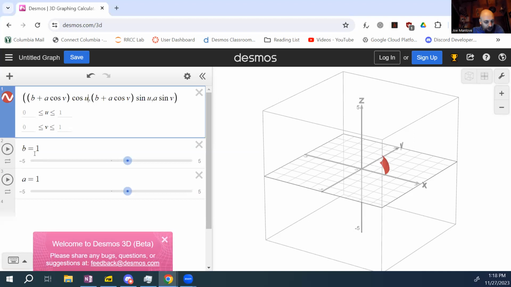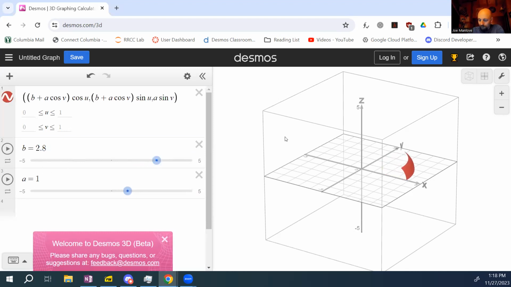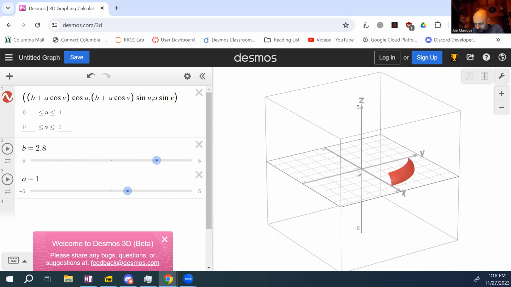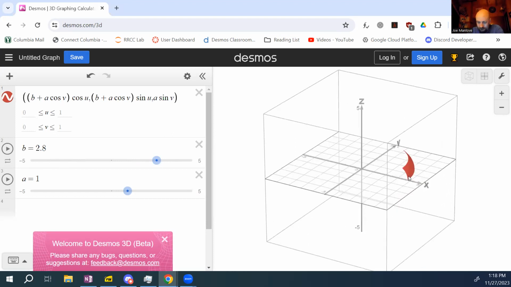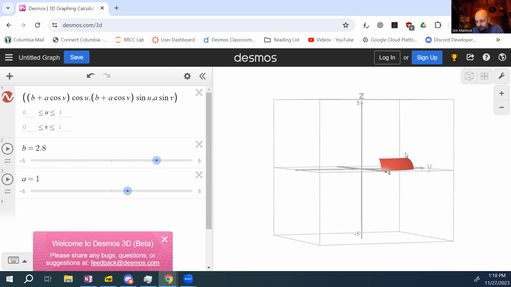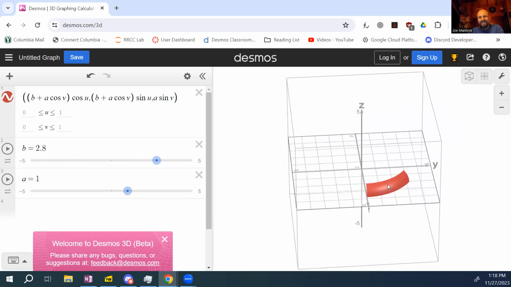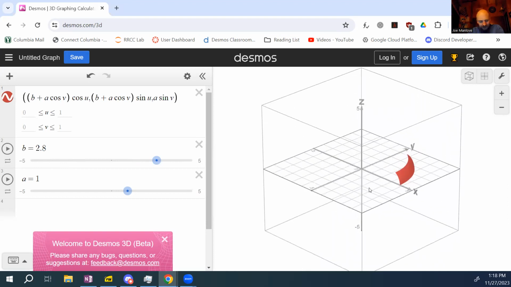So far, I've set A and B both to 1. I seem to remember from the problem that B was supposed to be bigger than A, so I'm going to move it out a little bit. I'm noticing that that doesn't look like a torus. What do you think the problem is?